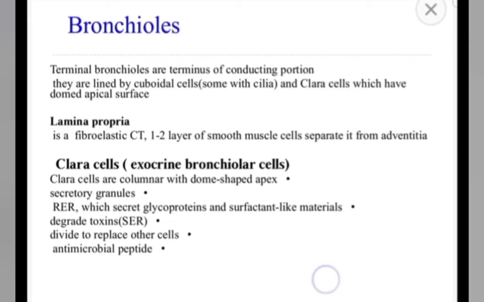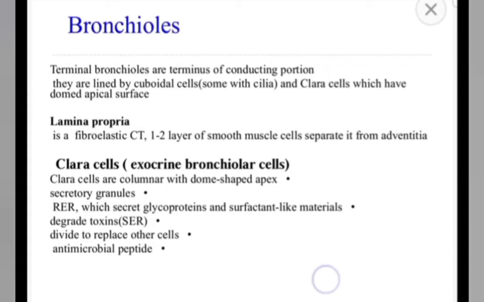Clara cells are the exocrine bronchiolar cells. Clara cells are columnar cells but with a dome-shaped apex. There are secretory granules present in the cytoplasm.